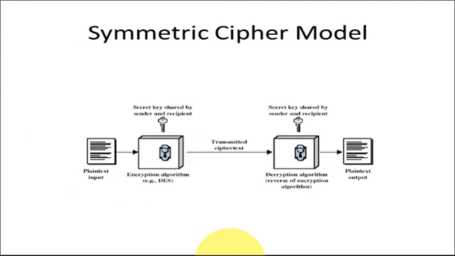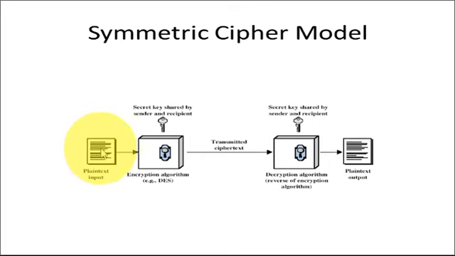Next, symmetric cipher model. So this is the symmetric cipher model. Symmetric means both the sender and receiver are going to use a common shared key, or private key or single key. The cipher is that algorithm or technique. Here this is the plain text, the message or input which I am going to secretly send to the receiver side.